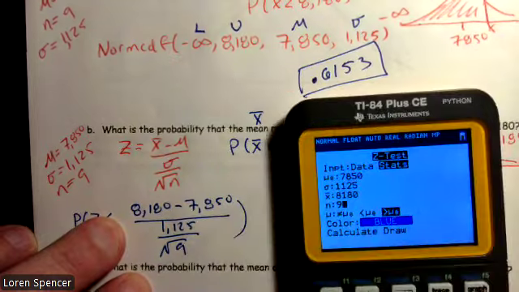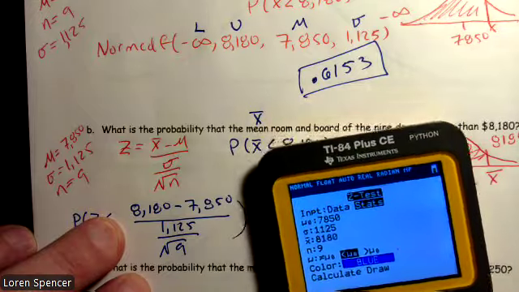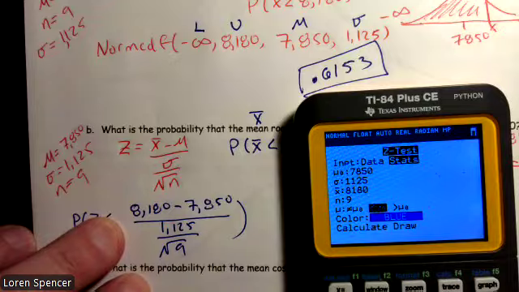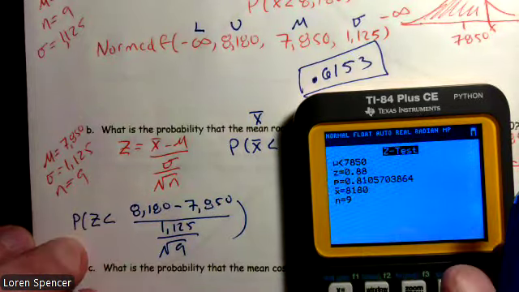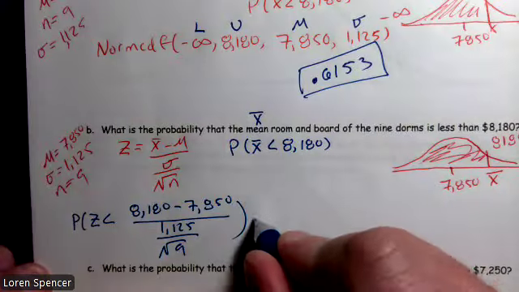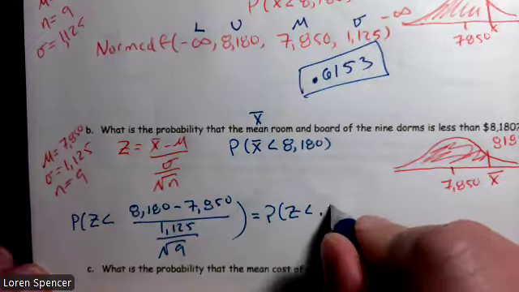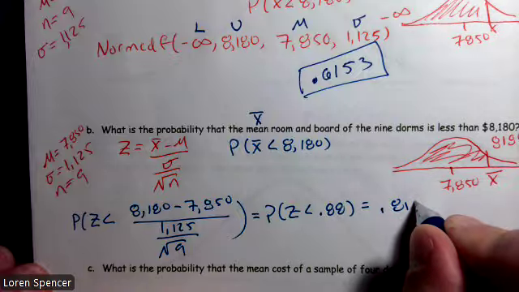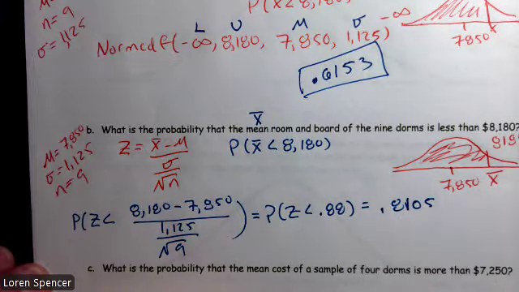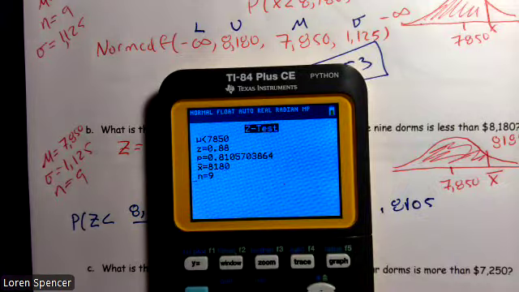And we said less than, make sure I have the less than arrow highlighted. And I get the probability that Z is less than 0.88 equals 0.8105. All right, so there's about an 81% chance that we'd get a value like that.